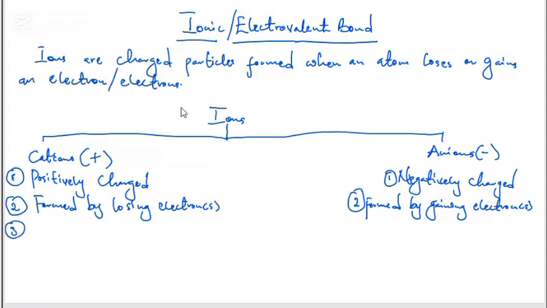Cations move towards the cathode. As we move on, look at the topic electrolytes, and you'll see that cations move towards the cathode of a battery or of an electrolyte. That's why they are called cations, cathode ions, while anions move towards the anode.